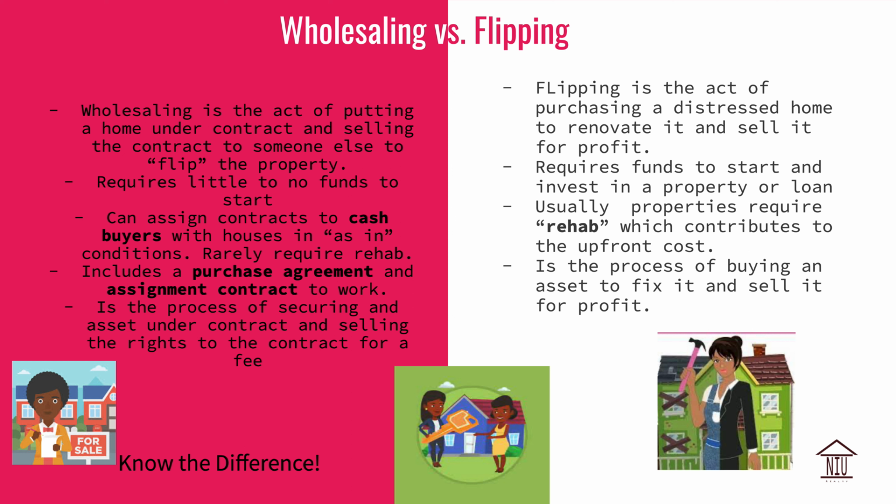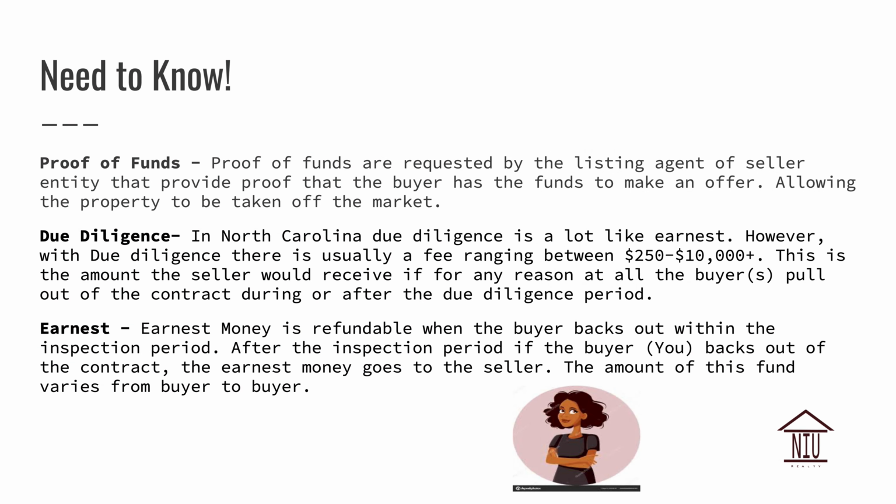So flipping is the process of buying an asset to fix it and sell it for profit, while wholesaling is the process of securing an asset under contract and selling the rights to the contract for a fee. You have to know the difference between these two because it can get very confusing.